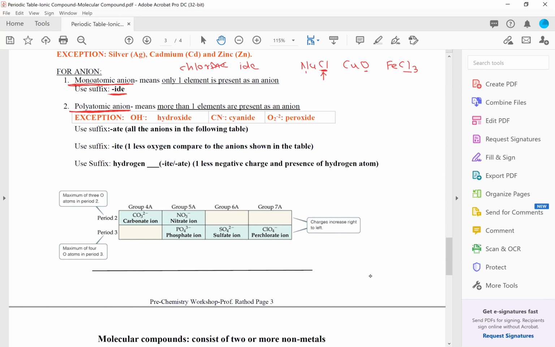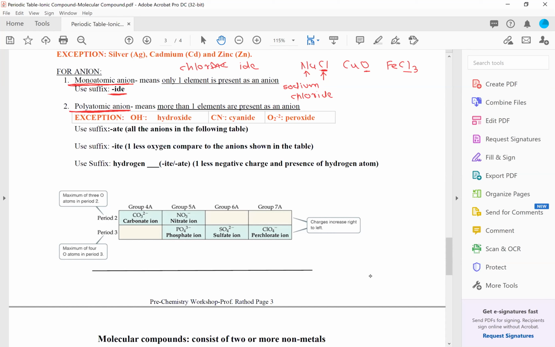We already know how to name this cation. Again, it's just going to be sodium. So we can say sodium, and Cl is a monoatomic anion, which should end with IDE. So the name of this compound is sodium chloride. Okay. Do you follow this?